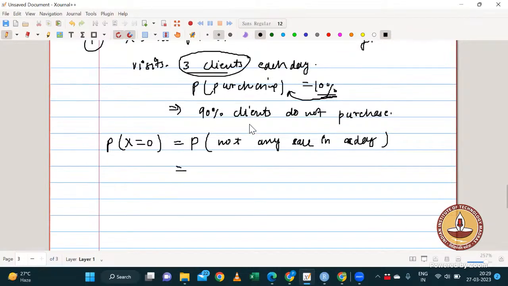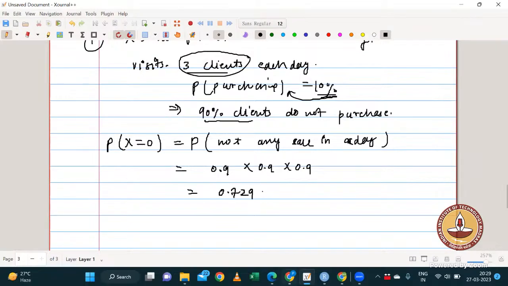That means none of the clients purchase the policy, right? And what is the probability for a client who does not purchase? 0.9, 90%. So 0.9 for a single client, 0.9 for the second, 0.9 for the third. So you will get 0.81 into 0.9, 0.729 is the answer.